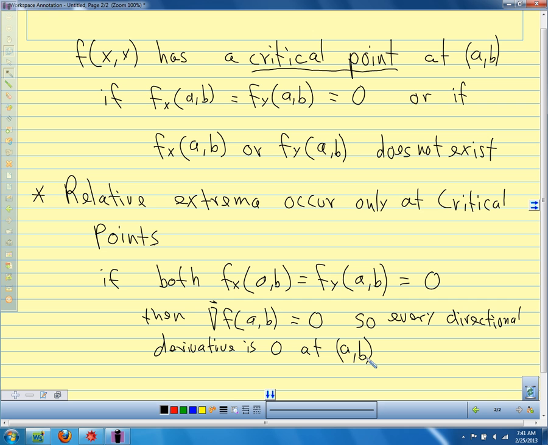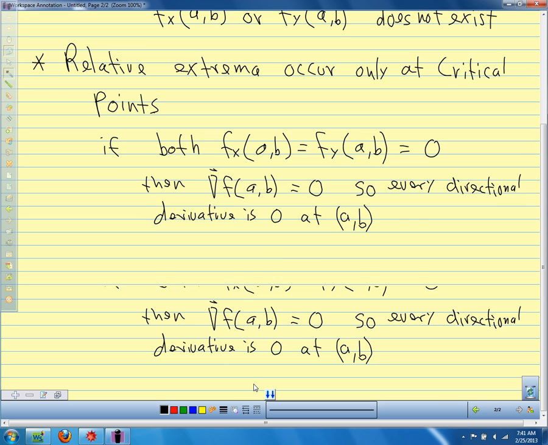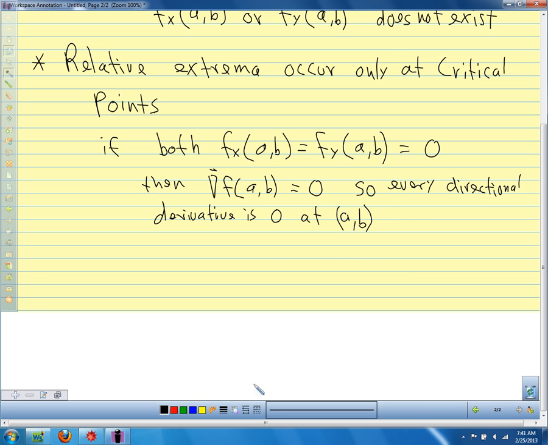And if every directional derivative is 0, that tells us that our tangent plane is horizontal. We talked about that a little bit. So at extrema, our tangent plane is horizontal.